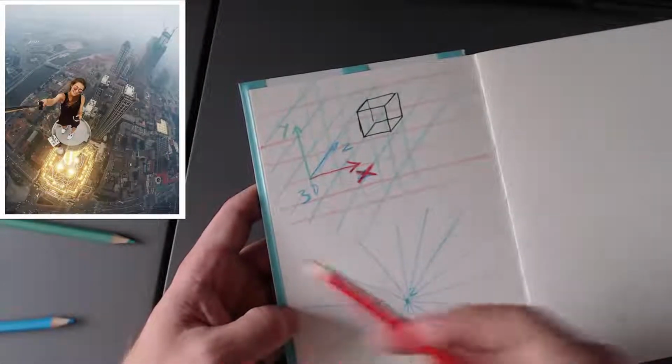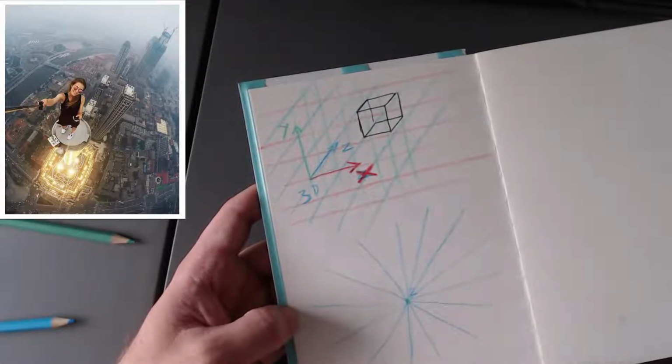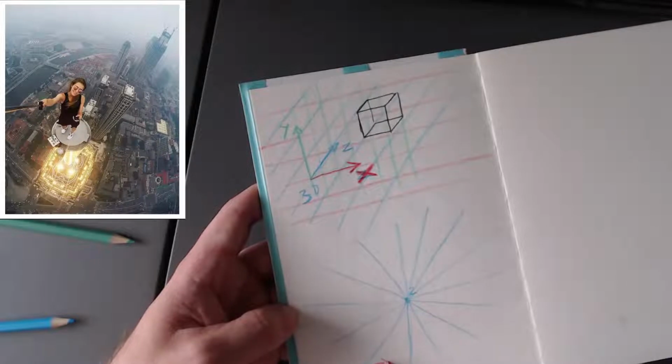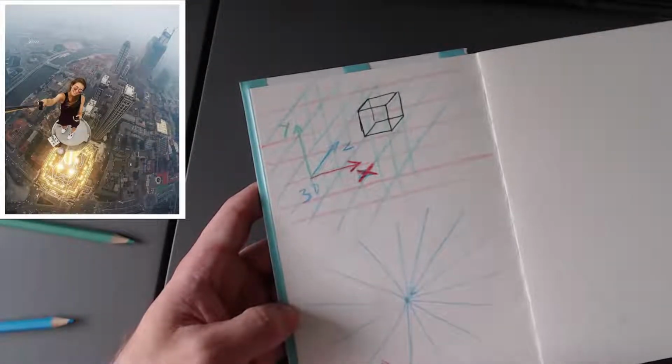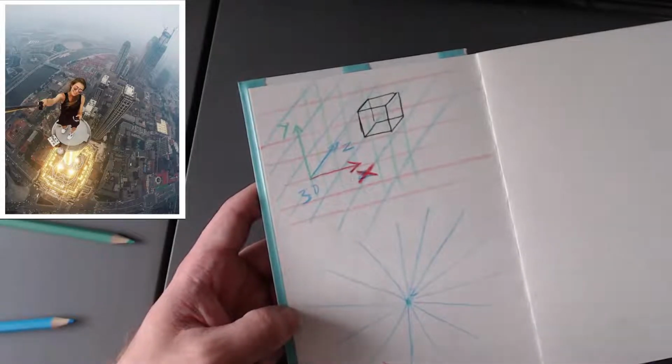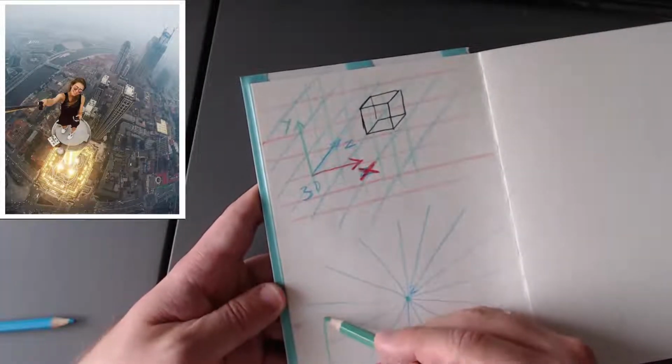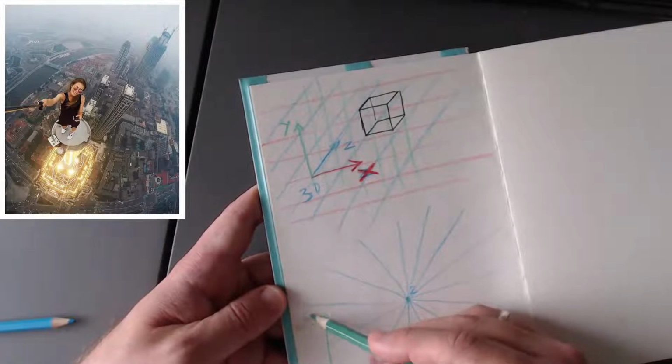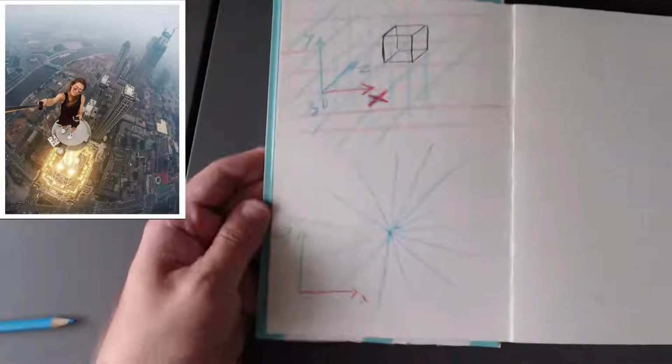So, if we have like before, the Z axis or X axis will be like this, just horizontal on the paper, and the Y axis will be like this, just vertical on the paper.